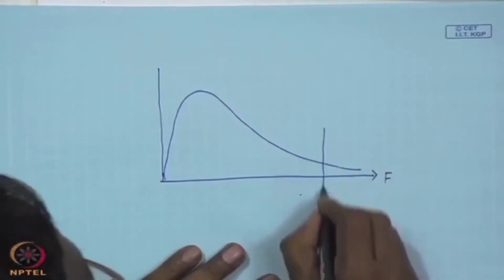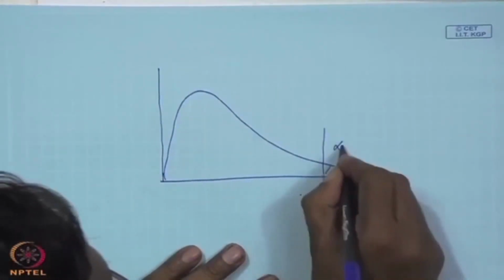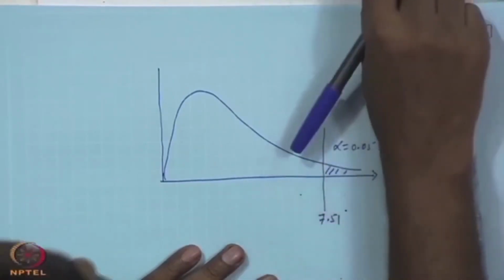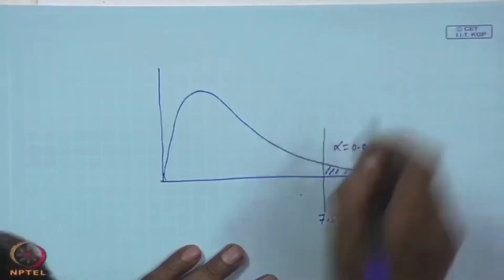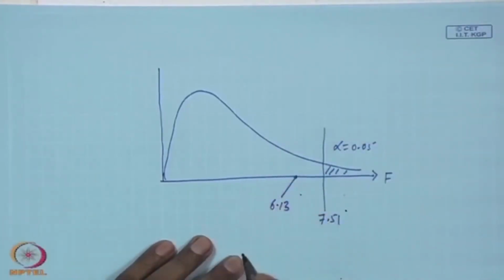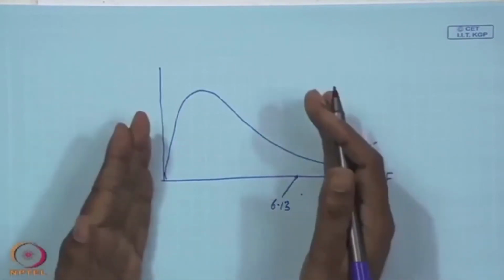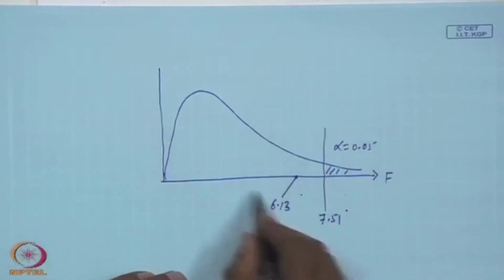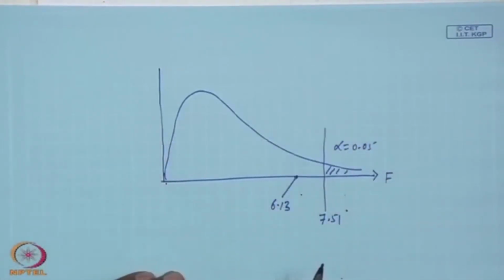When you take alpha value 0.05, this is what we are getting here, 7.51, and your value is coming somewhere here, 6.13. It is within this interval. You cannot reject the null hypothesis. Okay.